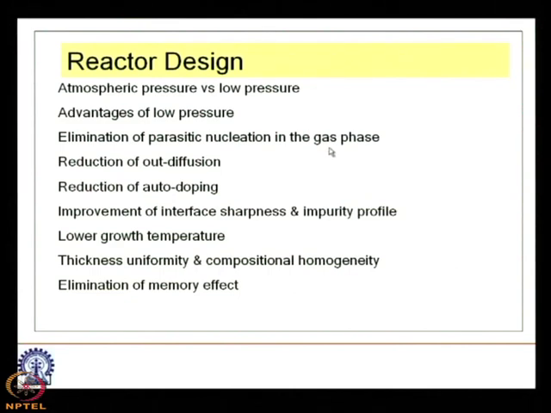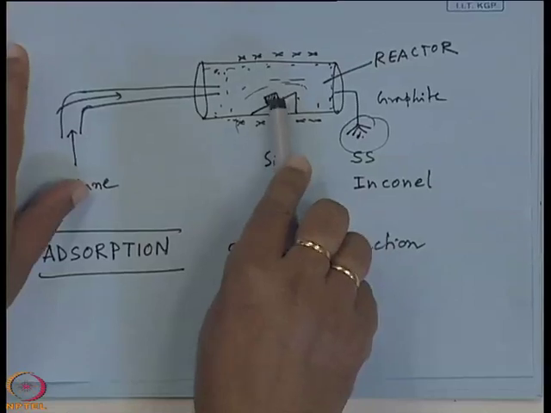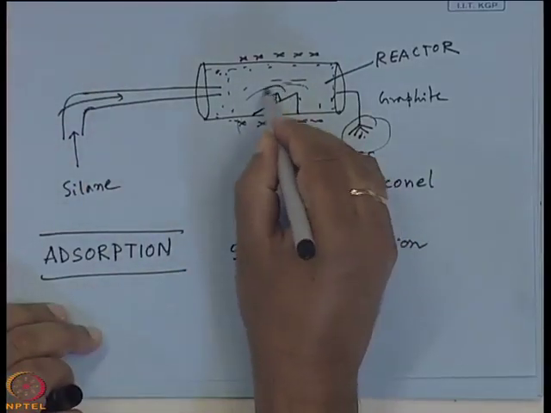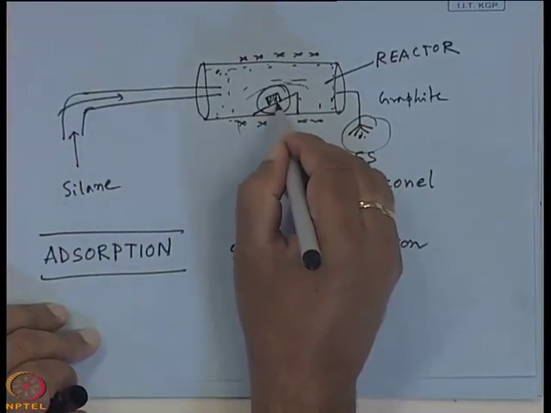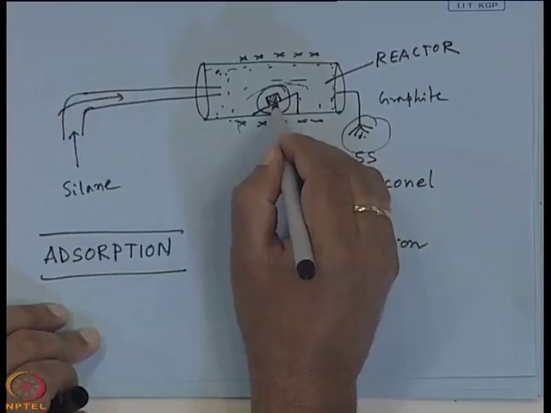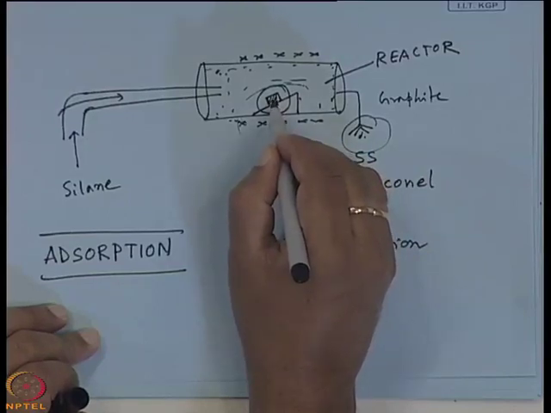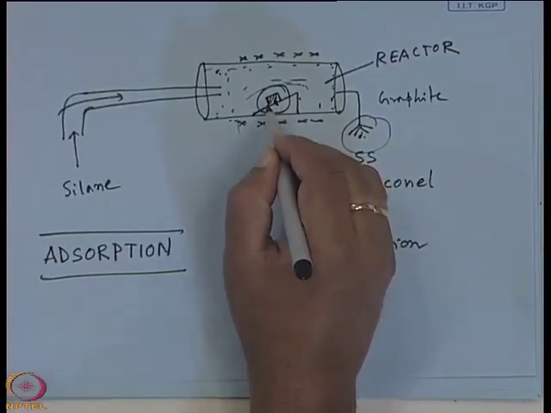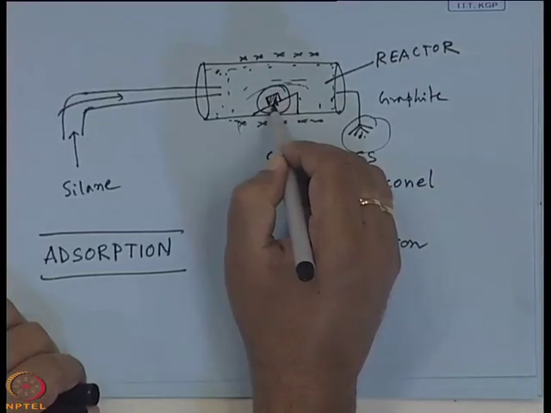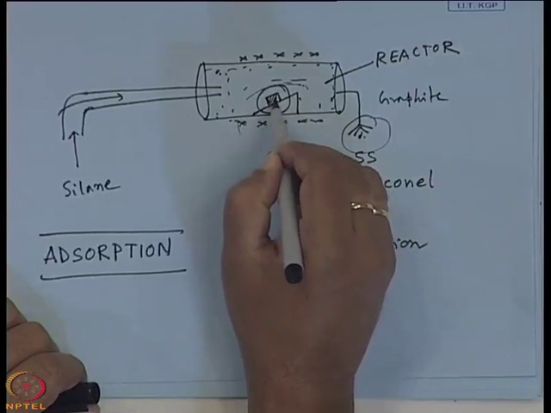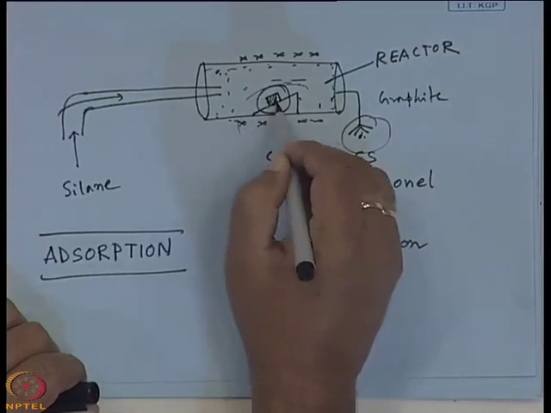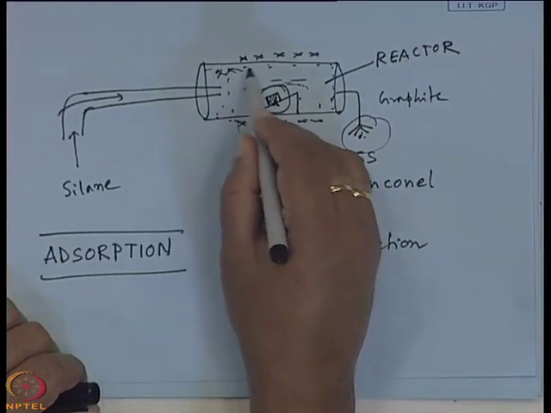Parasitic nucleation in the gas phase means before coming to this reaction site, this is the site of the reaction. On the surface of the substrate there will be reaction, that means step 4. Before making some reaction in step 4, there may be some reaction here and there.